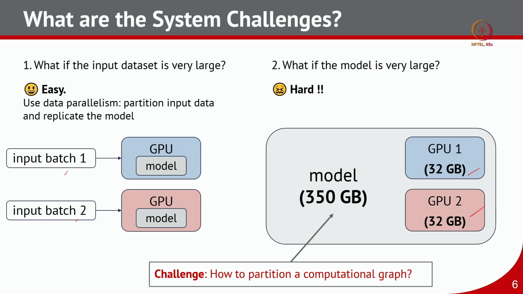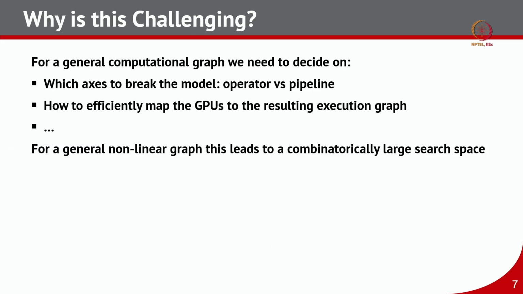Not only that, we need to decide how to break and split the model, how to partition a computational graph. There are lots and lots of ways to partition, and you have to choose the right partition so that the overall execution time or energy efficiency remains good.